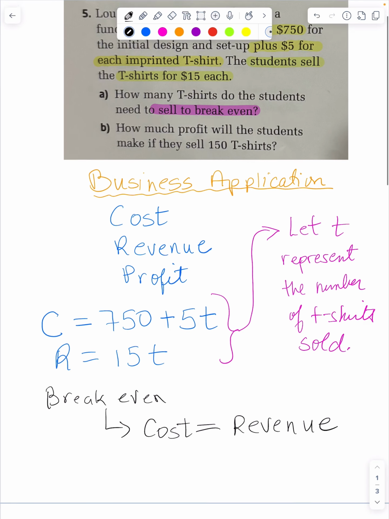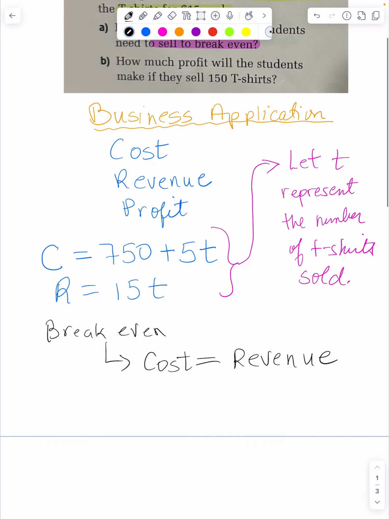So in this case, we have a linear system, two equations with two unknowns. The cost equation is going to go on the left side of the equation, which is 750 plus 5t. And the revenue generated is going to be on the right-hand side of the equation, 15t.